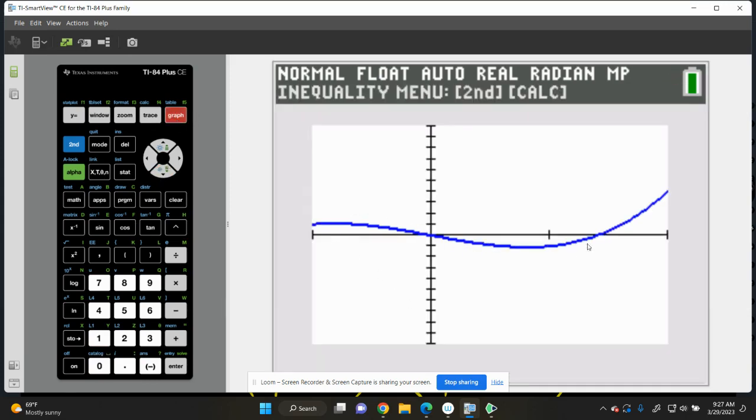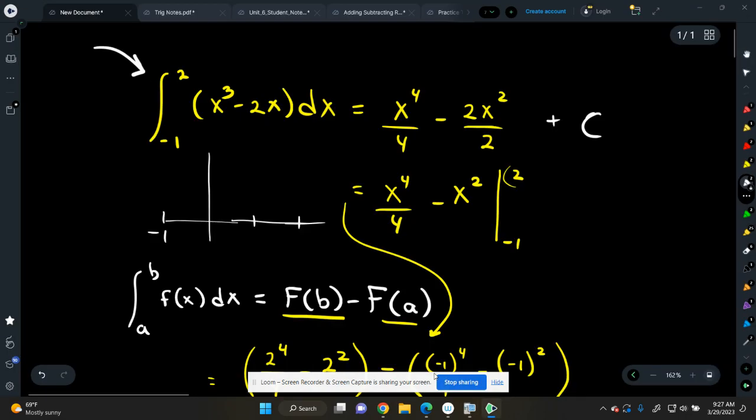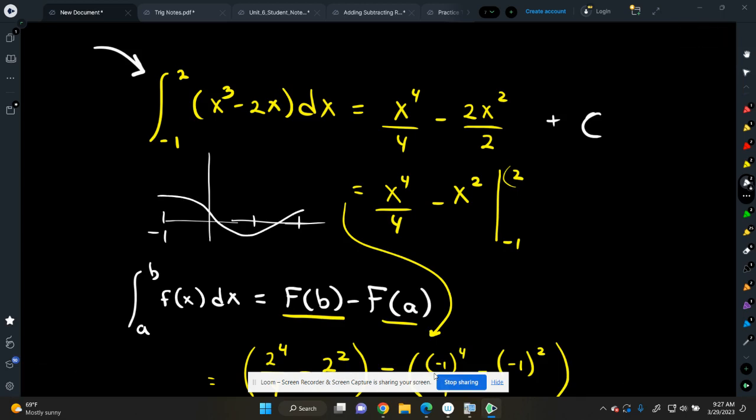Okay, so I'm going through 0. So I'm kind of going like this, something like that. Maybe not quite as curvy.